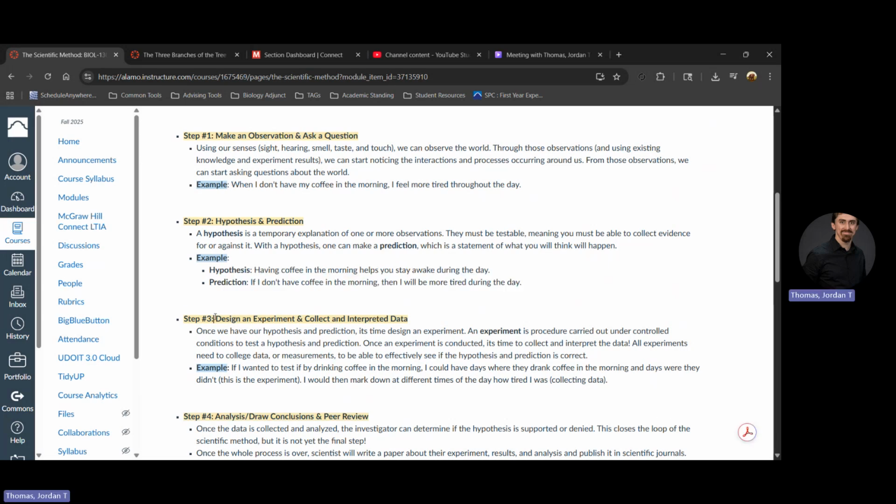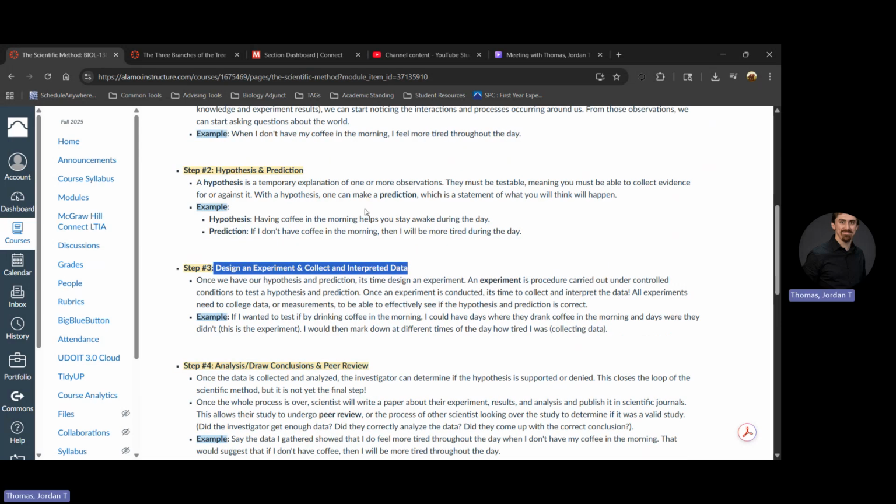Then we move on to step three, design an experiment and collect and interpret data. After having a hypothesis and prediction, then you want to make an experiment to start gathering that data. Start having different groups, start forming some type of way to see, is your hypothesis correct? Is your prediction correct or not?